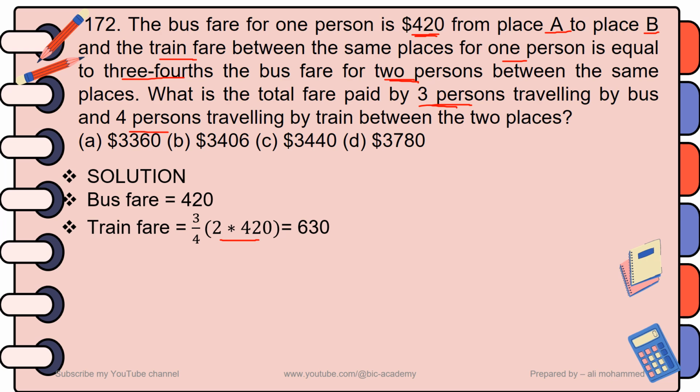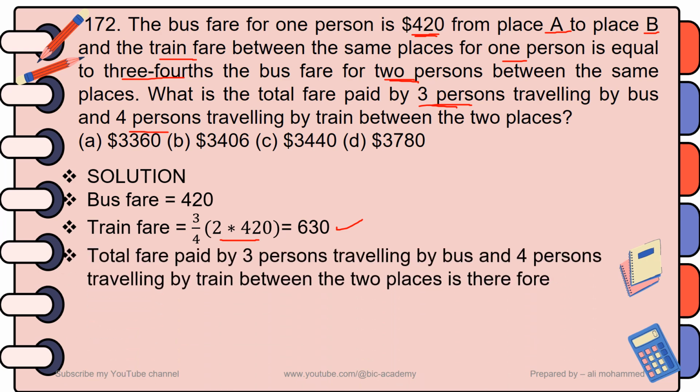So you can convert this word problem into mathematical form as such: 3/4 times 2 times 420, and it is equal to 630. Multiply it, 3/4 times 2 times 420. It is 630.